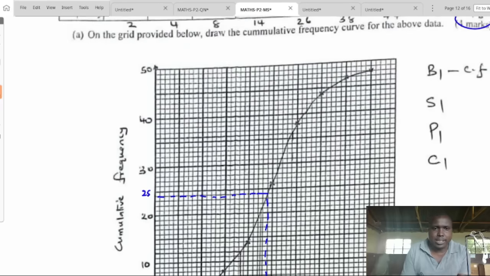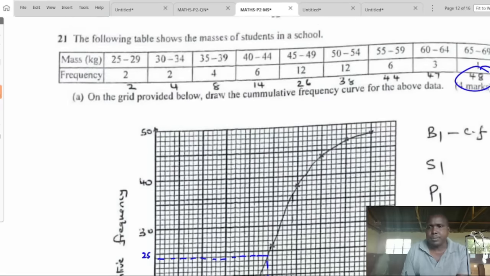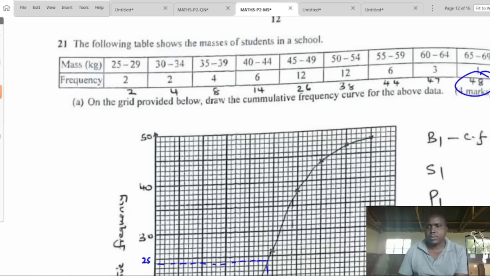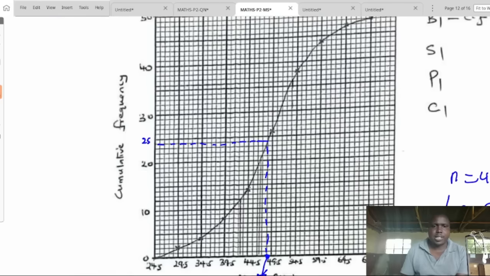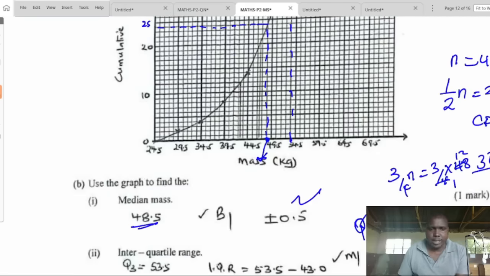So this is 30, 35, 36. So you draw a dotted line to where you have the curve here, and then you come down using dotted lines. You read the value here. That will give us the Q3, that is the upper quartile. So our upper quartile is 53.